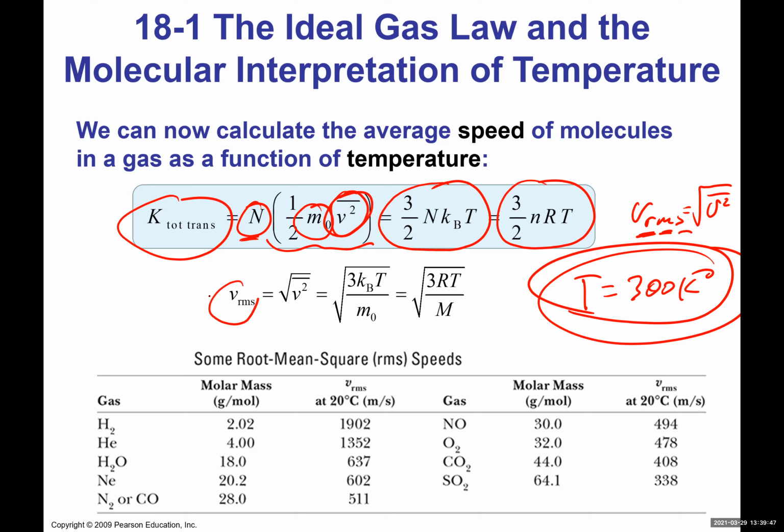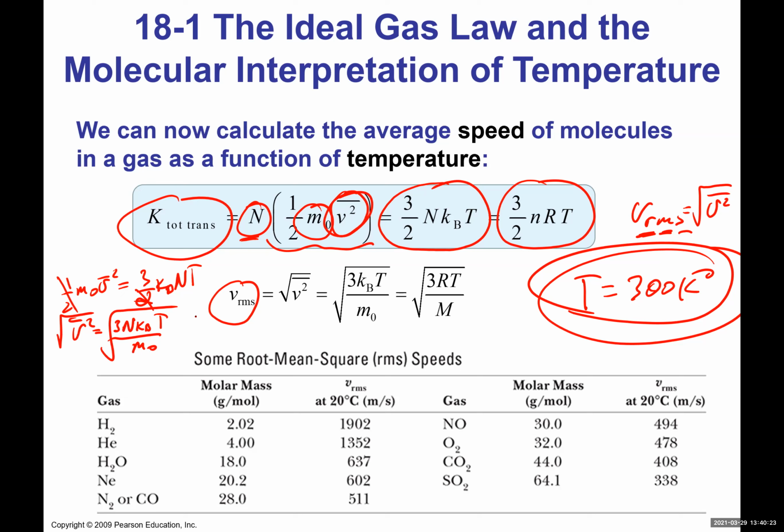So looking at the RMS values, we can rearrange this. Taking 1/2 m v average squared equals, for example, 3/2 k_B T. If we rearrange, the 1/2 cancels, and then v average squared equals 3 k_B T over the mass, and then take the square root of both sides.